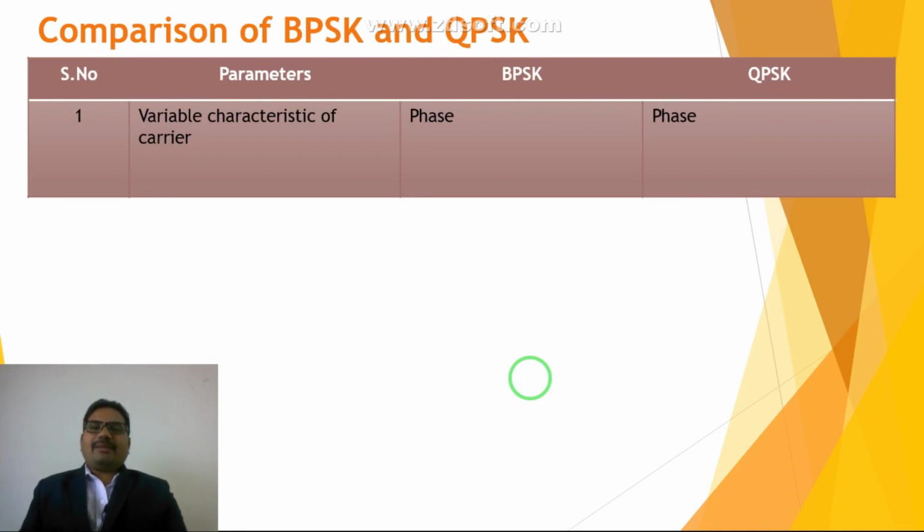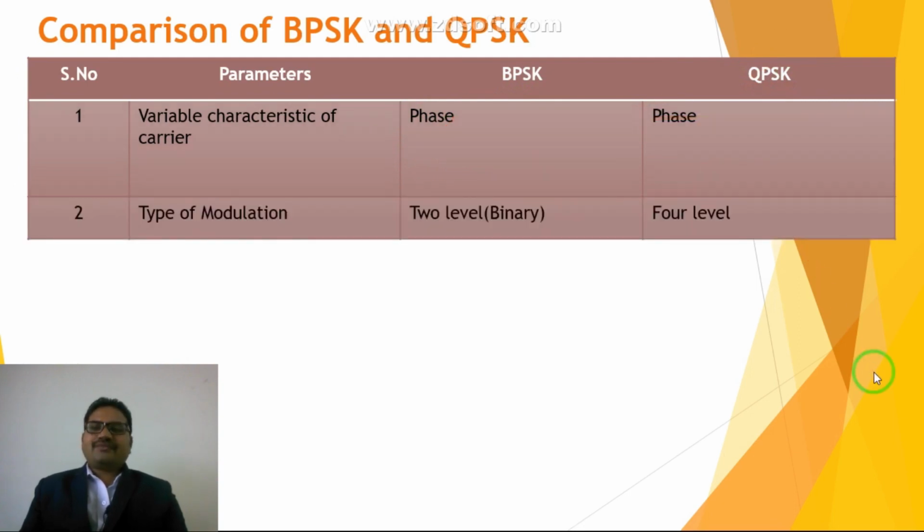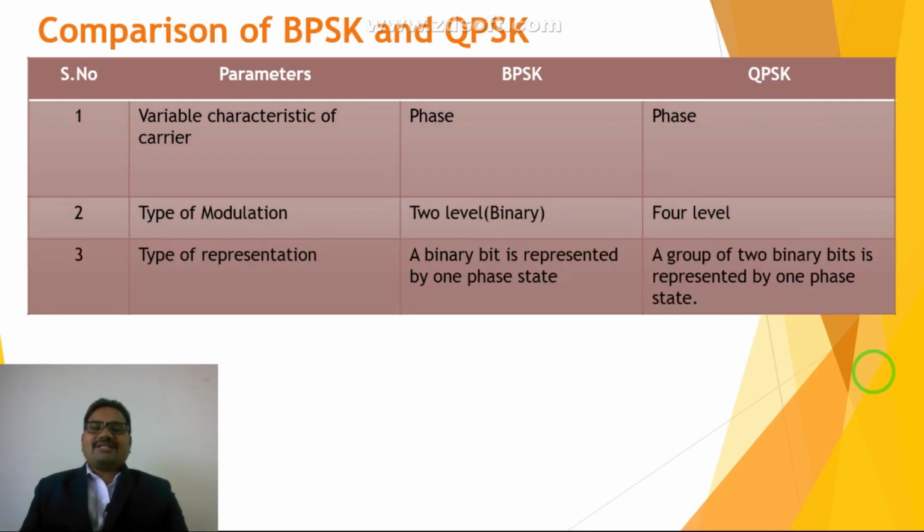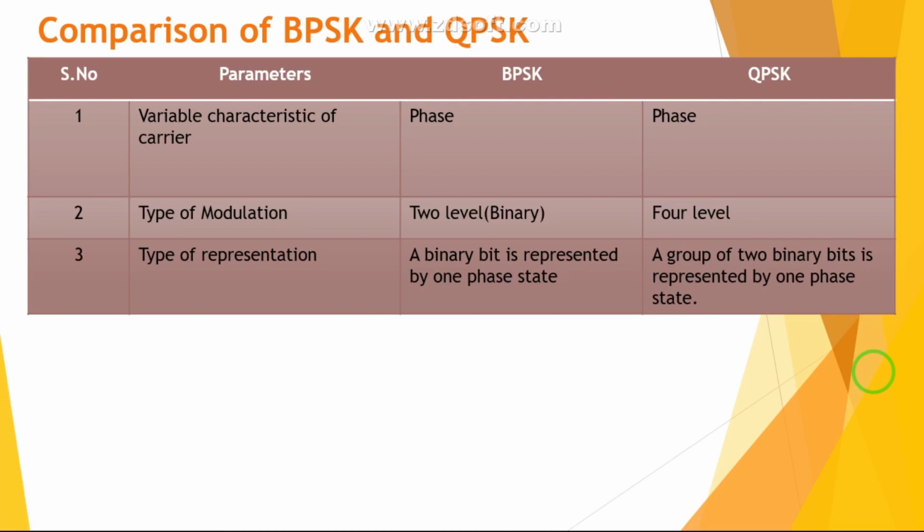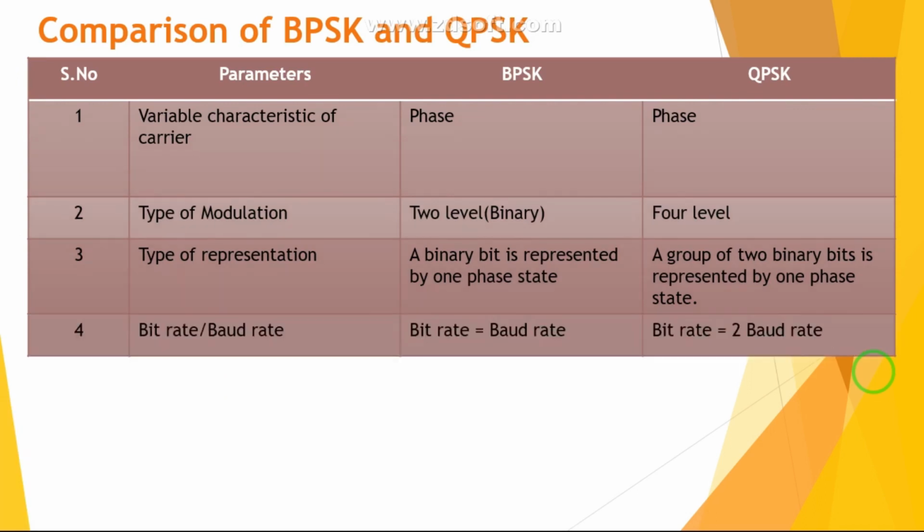First parameter, the variable characteristic. In both BPSK and QPSK, the variable characteristic of the carrier is phase. Then, the type of modulation: BPSK is 2 level, that is binary 0 and 1, but here the modulation is 4 level. Type of representation: in BPSK a binary bit is represented by one phase state, whereas in QPSK a group of 2 binary bits is represented by one phase state.